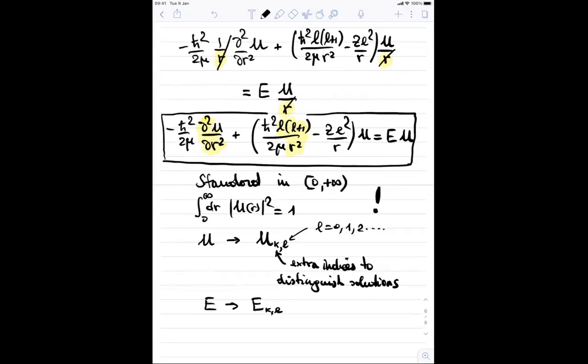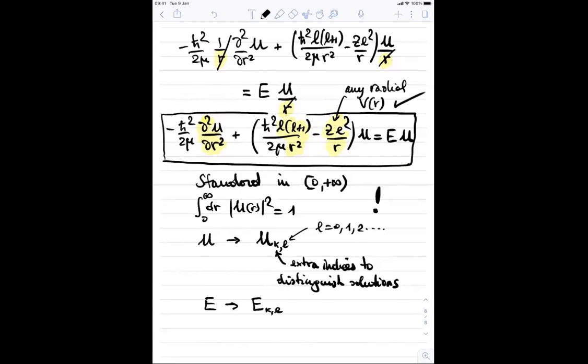Notice also one remark. The fact that the Coulomb potential was 1 over R is almost never used. So any radial potential would do.